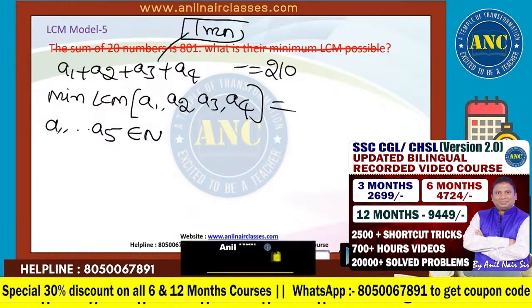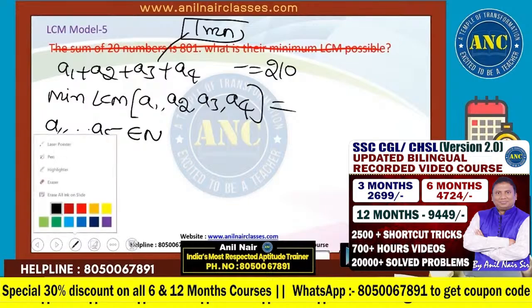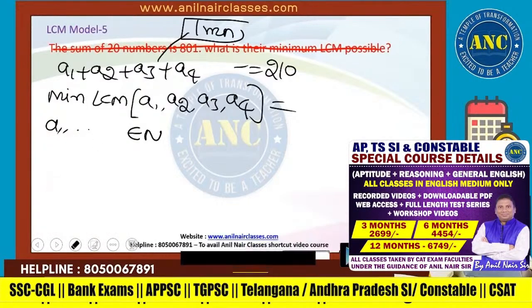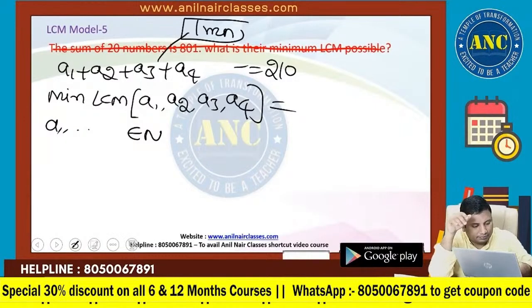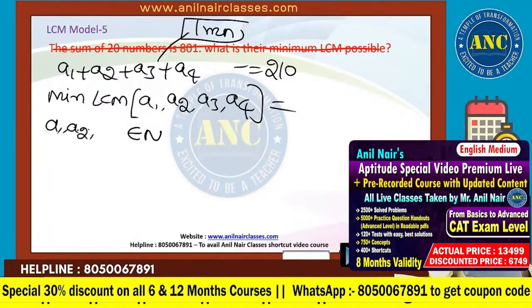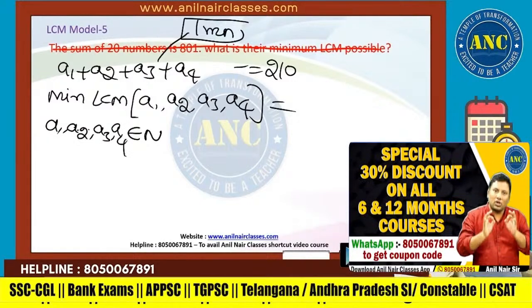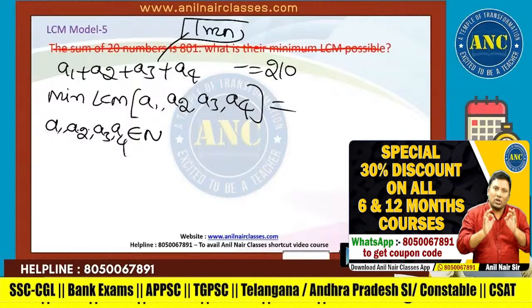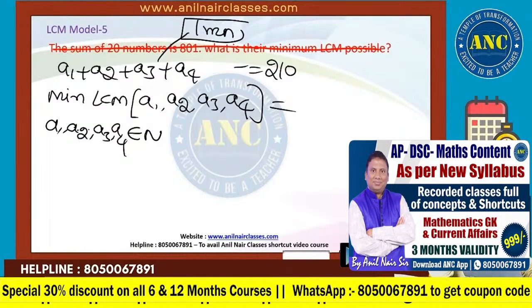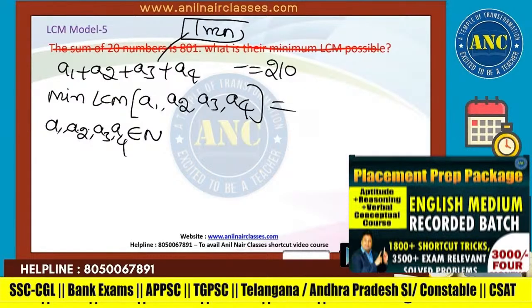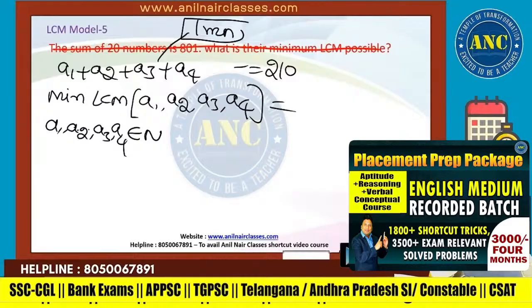There are no 5 numbers, there are only 4 numbers. Otherwise, I am thinking how come you directly got 42. Let me twist the question. A1, A2, A3, A4. Only 4 numbers are there.